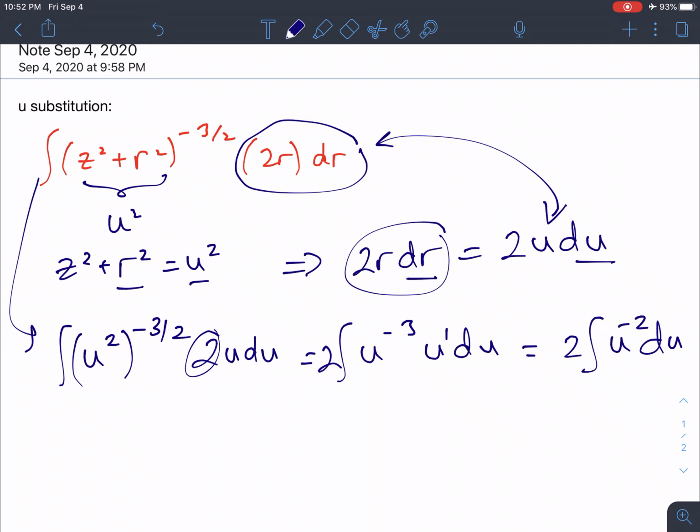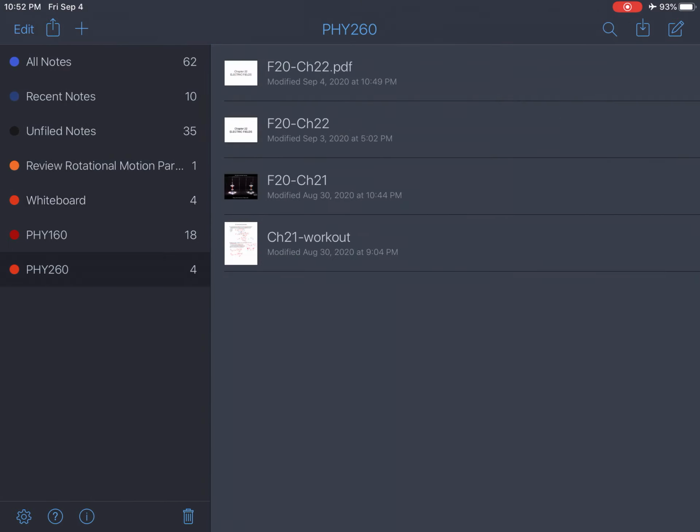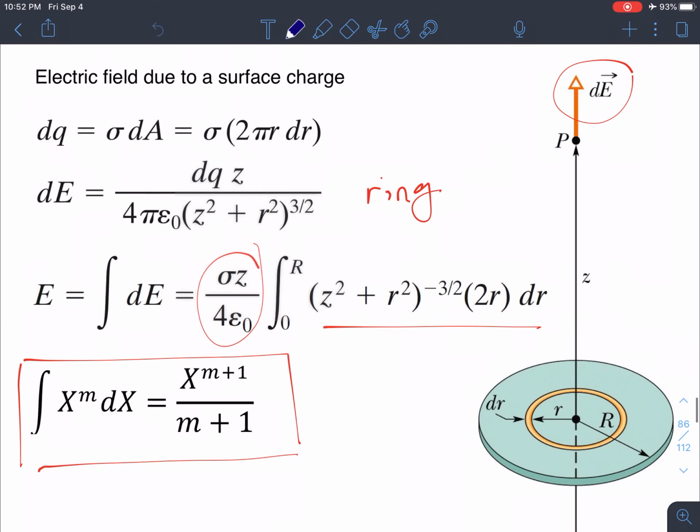And this integral is very simple, right? You're just going to use the integral as I gave you before. It was u to the negative 2 du, so it's like x to some power dx. It's similar to this, so we can use it to figure it out.